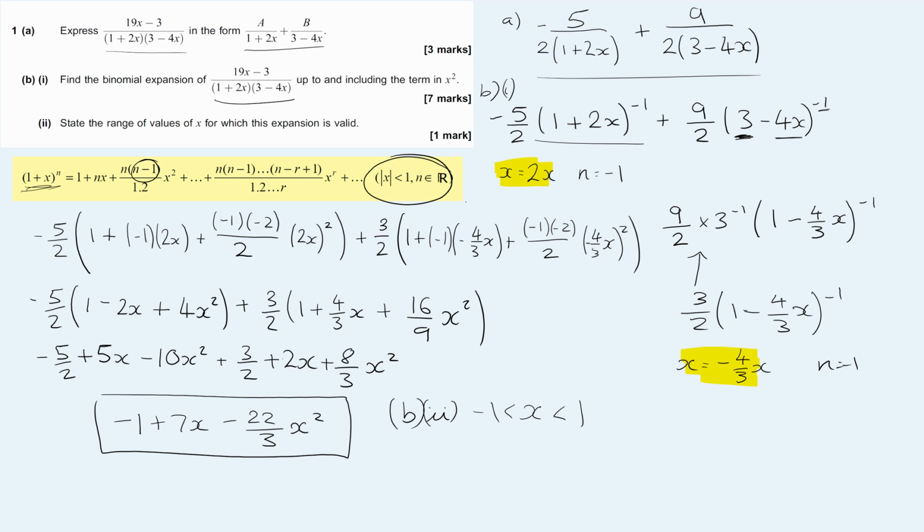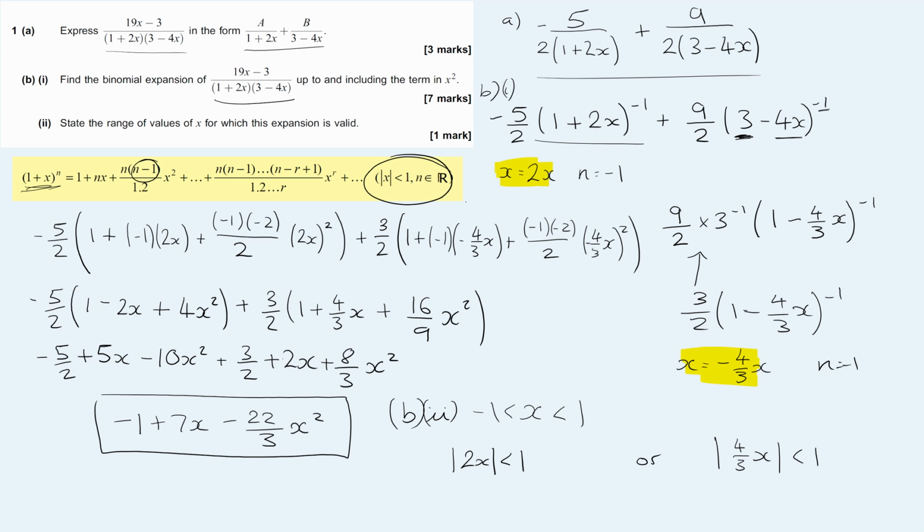So that's all we have to do here. If we just change this value, the absolute value of 2x is less than 1, or the absolute value of 4/3 x. I'm going to call it 4/3 x because it takes the absolute, so the minus is effectively ignored.